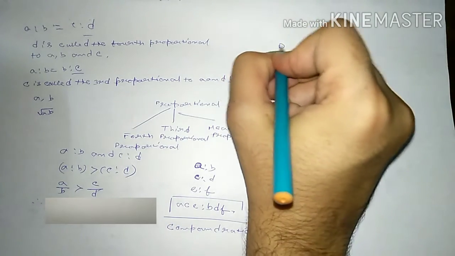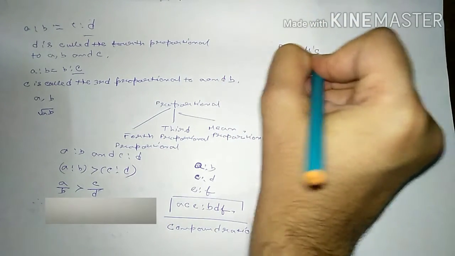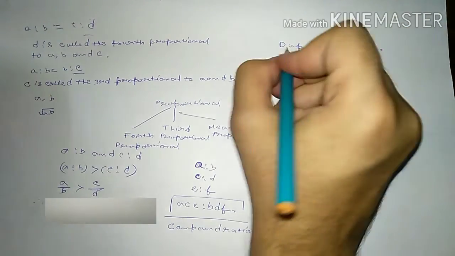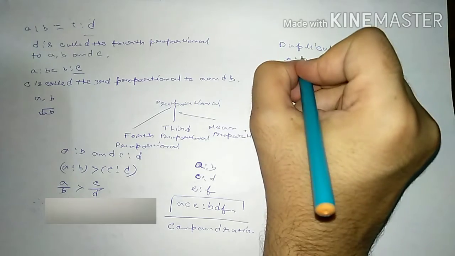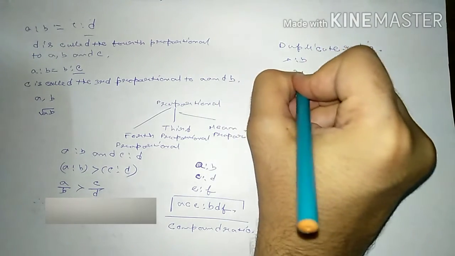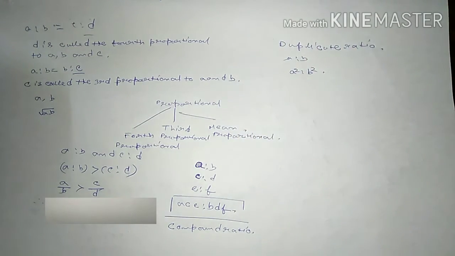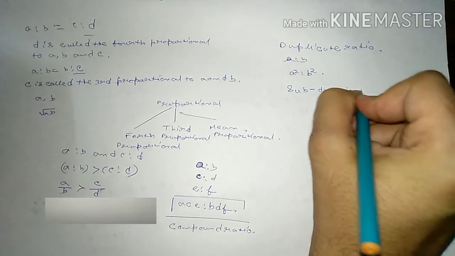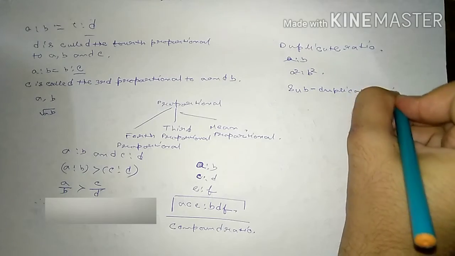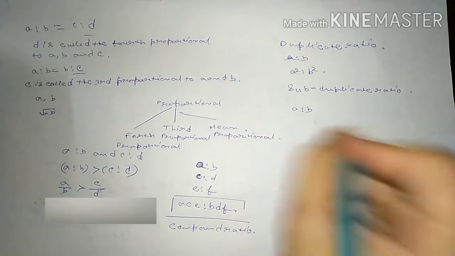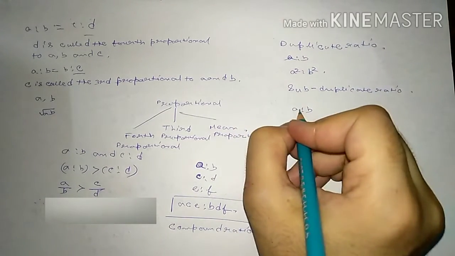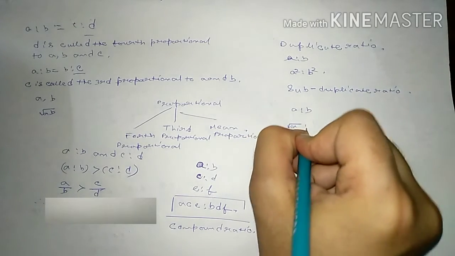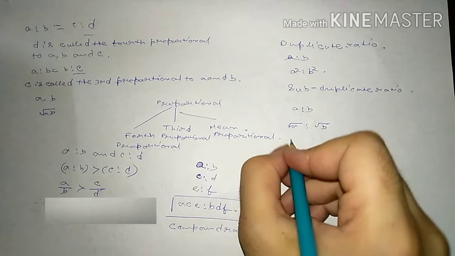Now we will learn about duplicate ratio. If A is to B is a ratio, then the duplicate ratio of A is to B equals A square is to B square. Next is subduplicate ratio. If A is to B is a ratio, then the subduplicate ratio equals root A is to root B. Next is triplicate ratio.